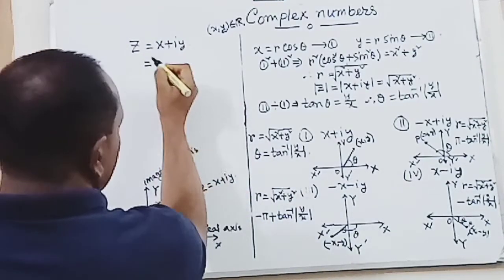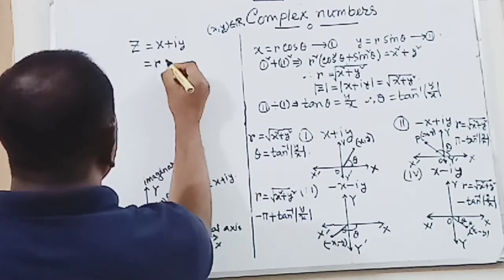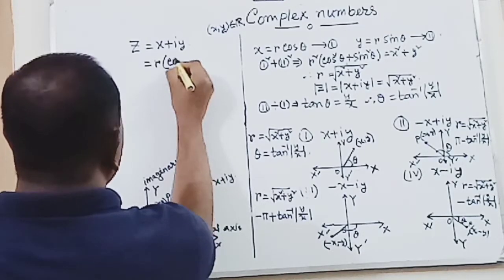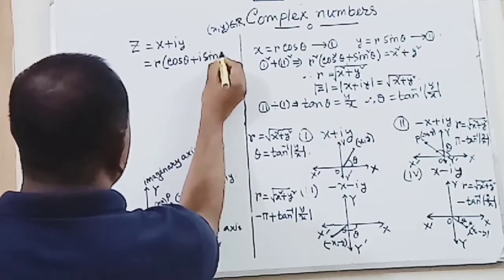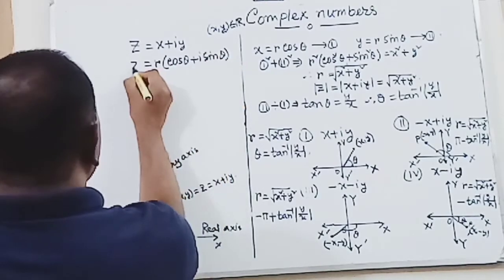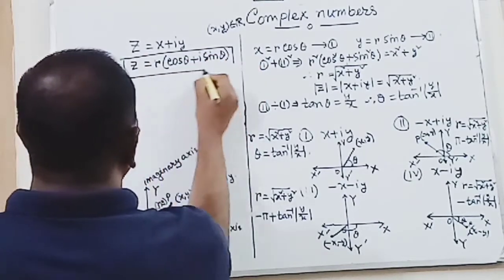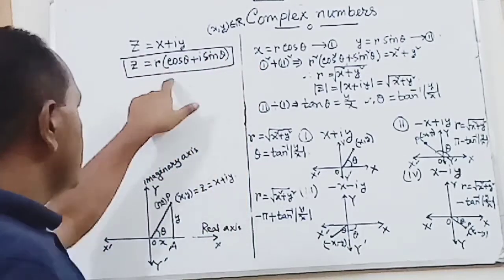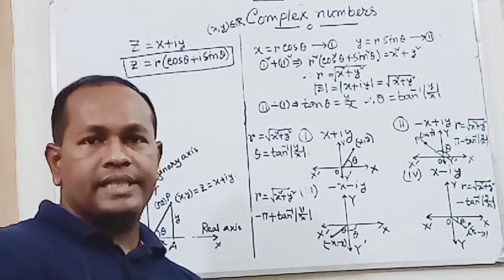By putting these two values, z is equal to r into cos theta plus i sin theta. This is the polar form of a complex number.